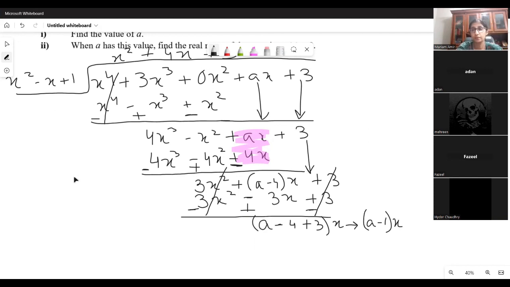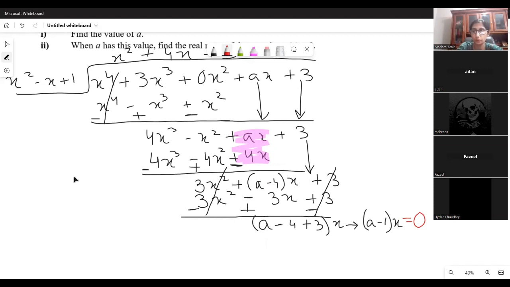And since this is the remainder, remainder 0 होना चाहिए था, so this would be equals to 0. If this is equals to 0, what should be the value of a? हम a find कर रहे हैं. So if a minus 1 bracket x is equals to 0, then what should be the value of a? 1.